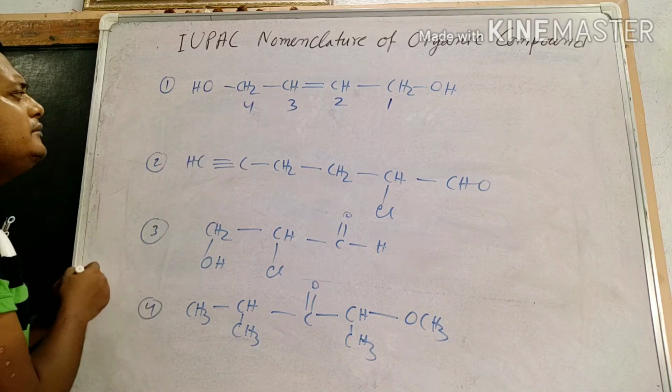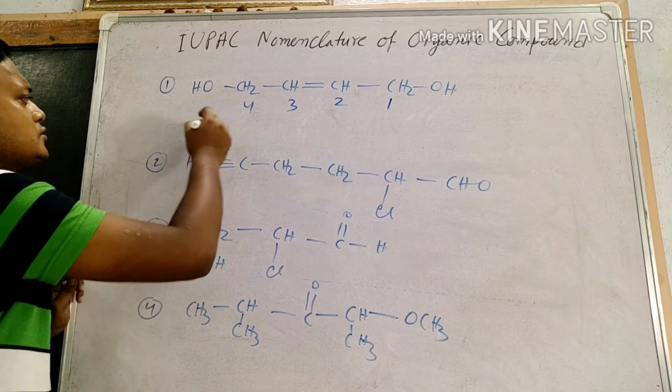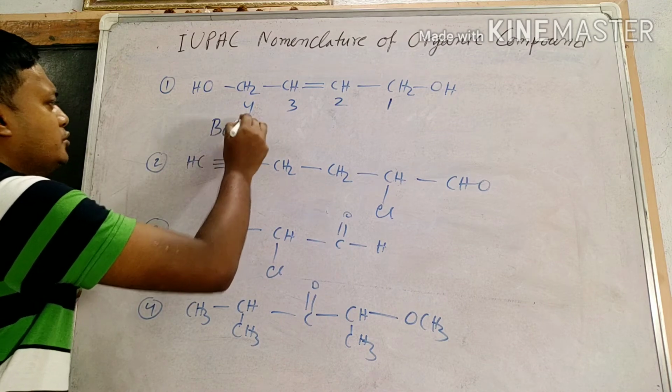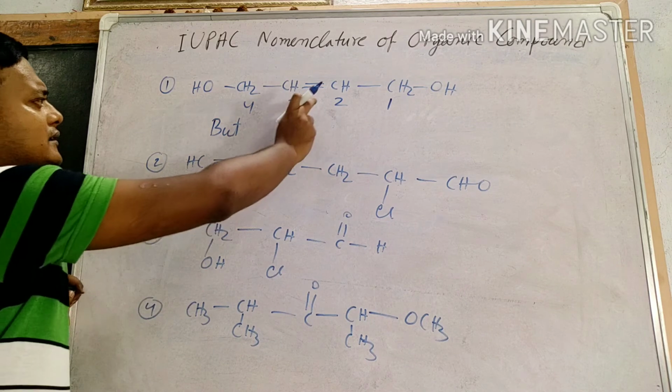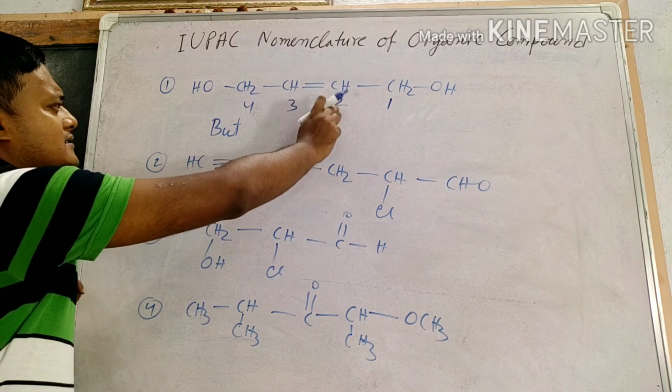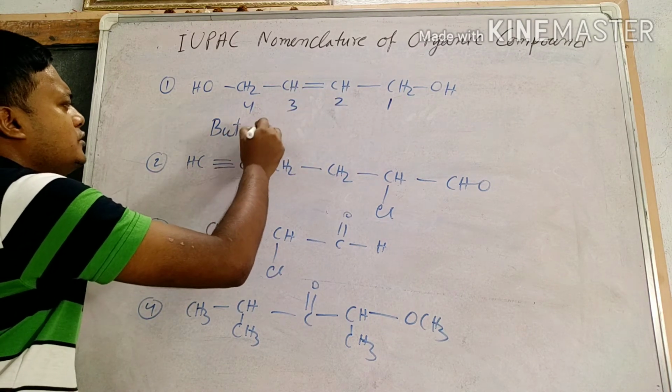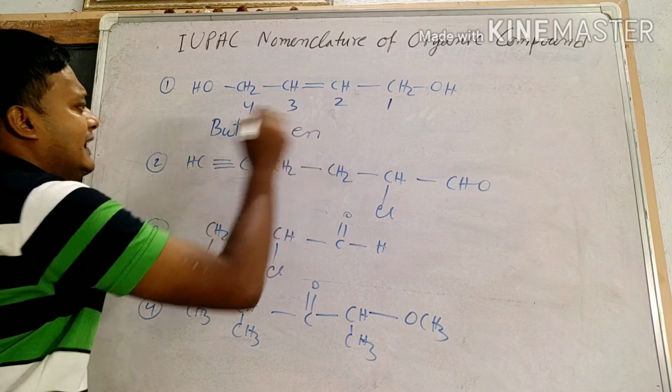So how many carbons in the main chain? 4. Then you have to write the primary suffix, that is alkene in the second carbon. So but-2-en.